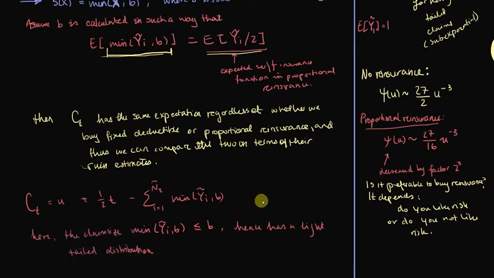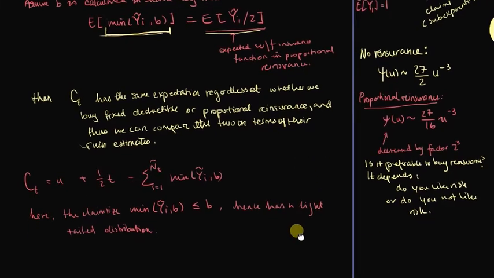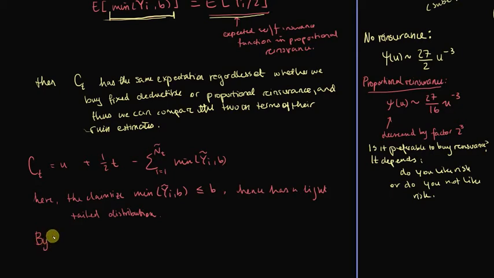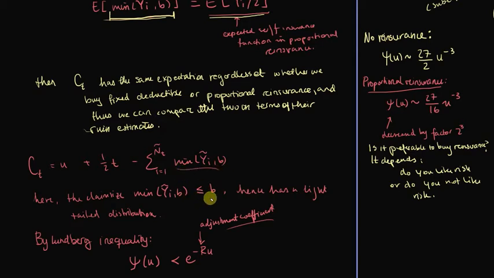And because it has a light-tailed distribution, we can make use of the Cramér-Lundberg, the Lundberg inequality, which tells us that in this case, the ruin probability is bounded by e to the minus R u, where R is the adjustment coefficient, which needs to be calculated in terms of the moment generating function for this claim size, and so on.